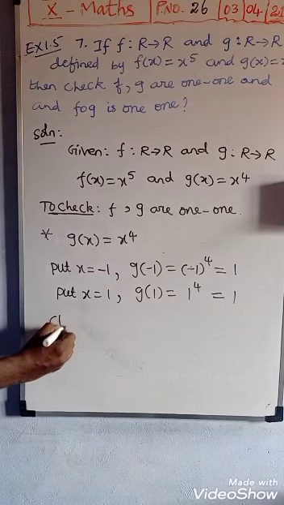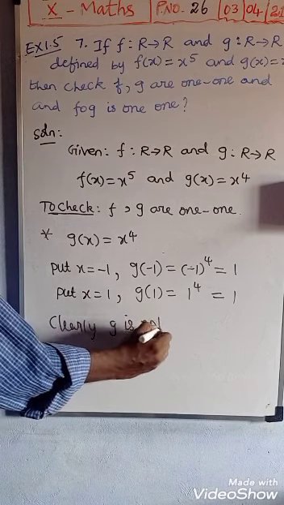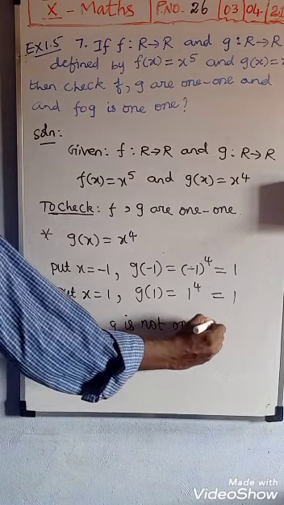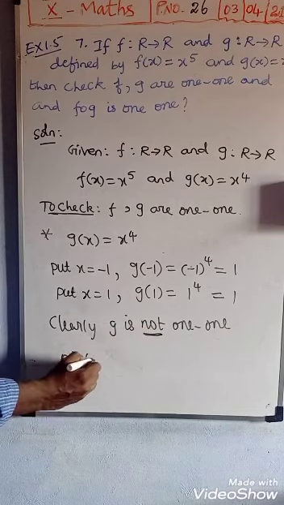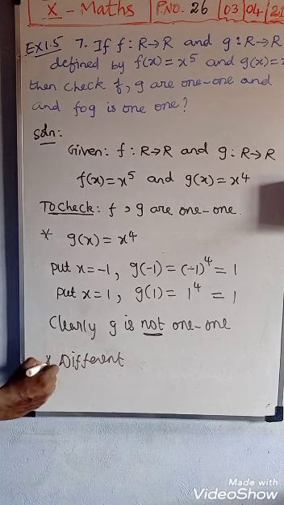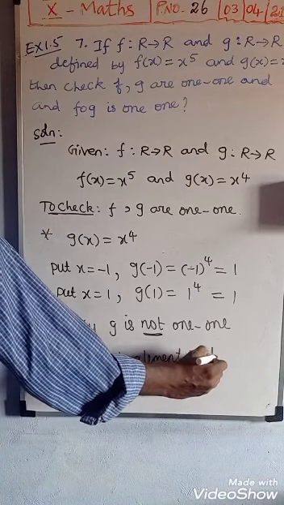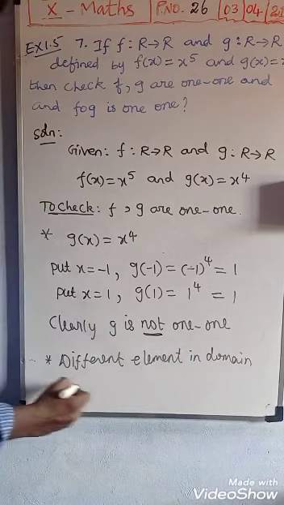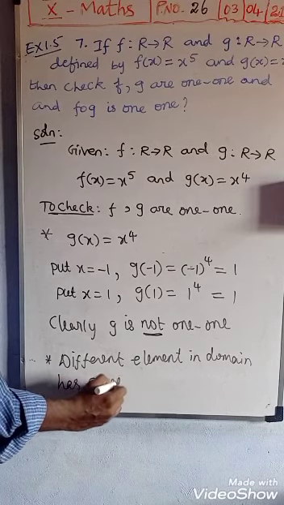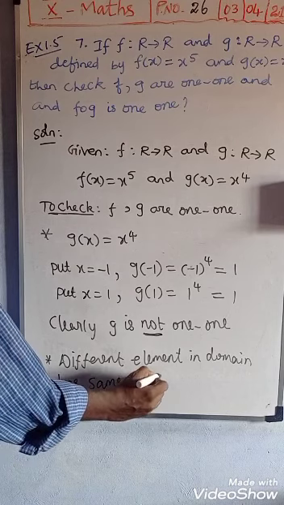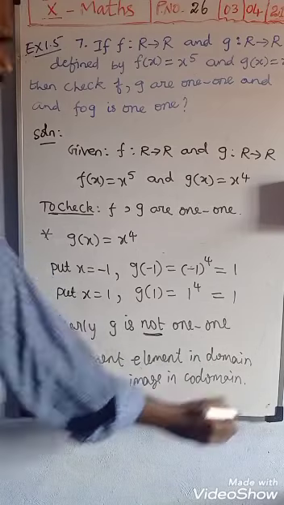So you want to write it: clearly g is not one-one. Yes, g is not one-one because the reason is different elements in the domain have the same image in the codomain, so it is not a one-one function.